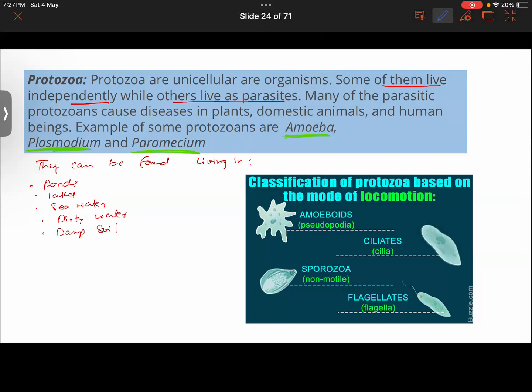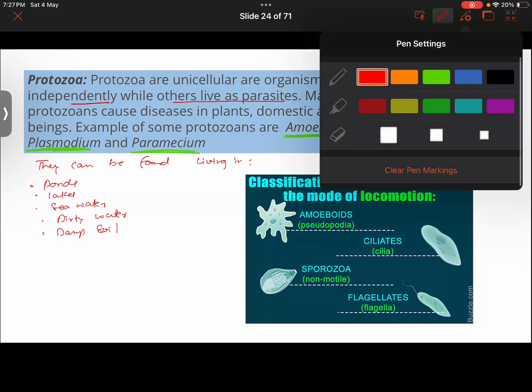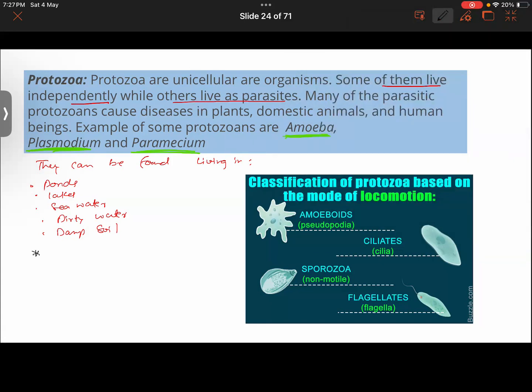Okay, now they are responsible for causing certain diseases also. But before we discuss those things, first let's understand why they are animal-like.